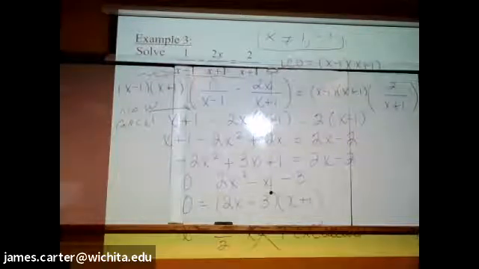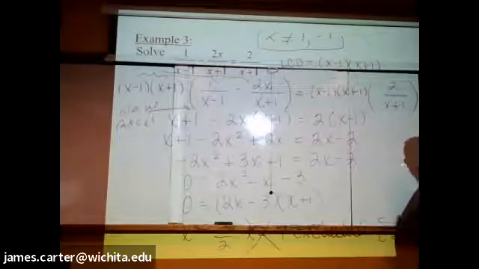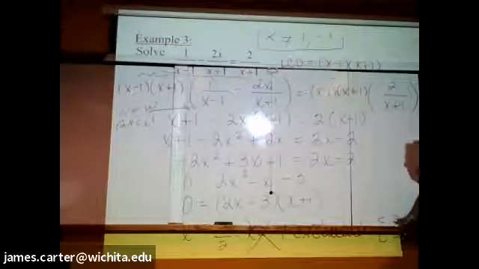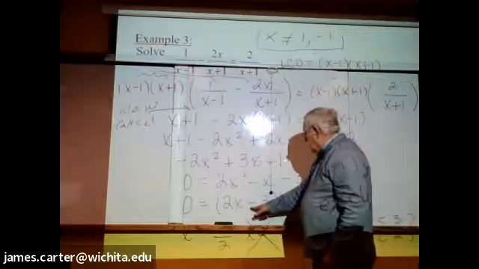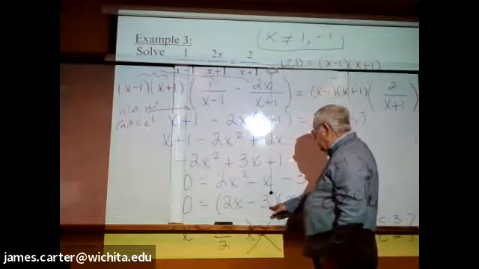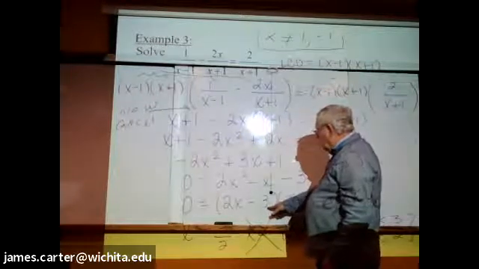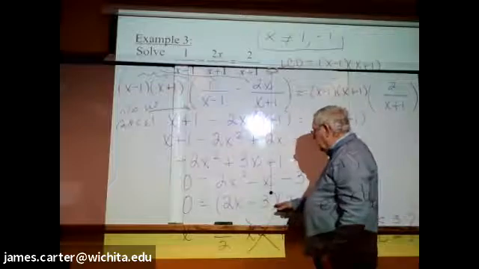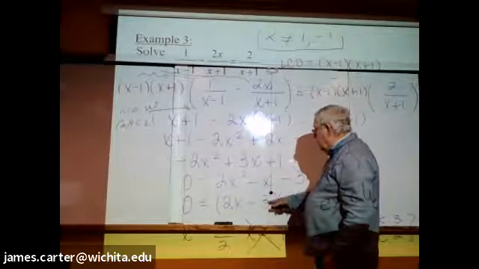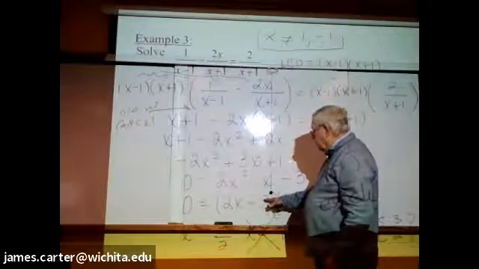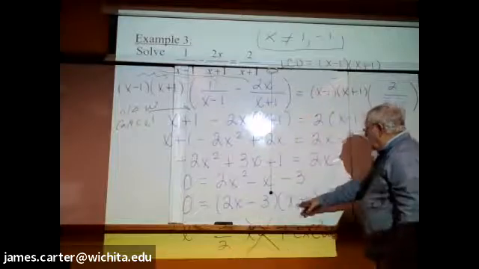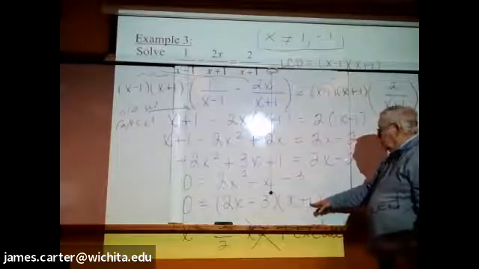Now, this is 3 halves. You can't tell it. 2x minus 3 equals 0. Add 3 to both sides. 2x equals 3. Divide by 2, and you get 3 halves. You get that answer. This one, you would get a -1.